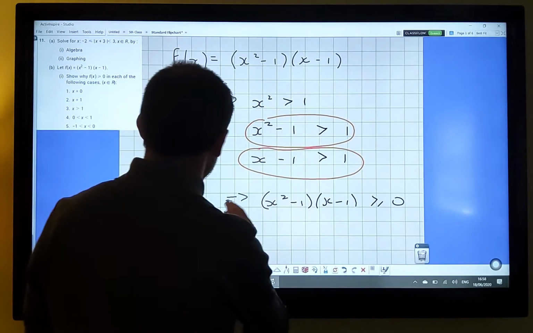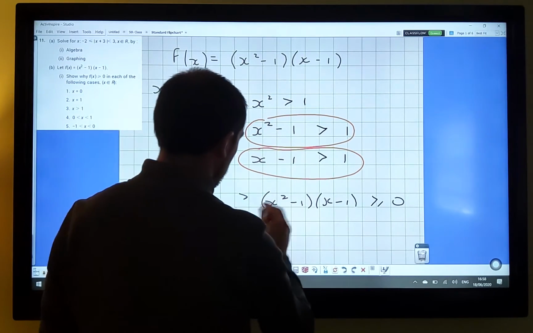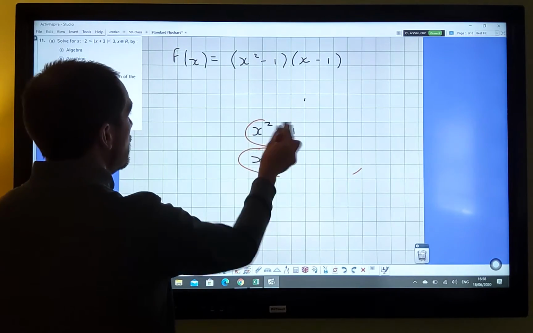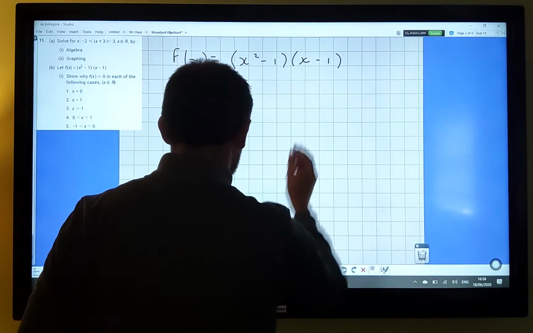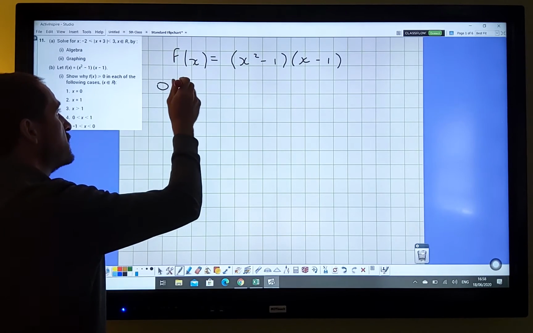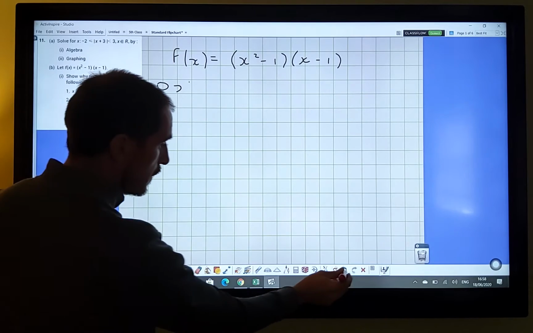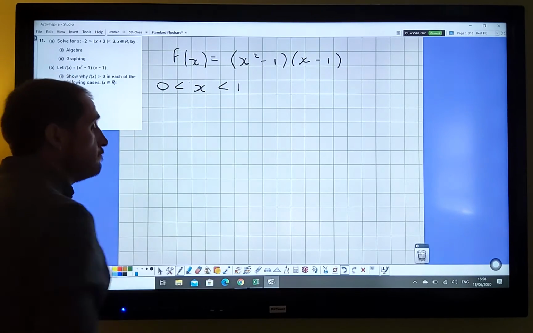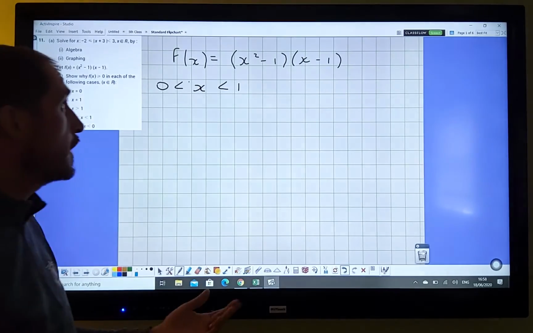The fourth and fifth ones link together, and it's just a slight change. Now x is between 0 and 1, so it's going to be 0.4, 0.5, or whatever else.